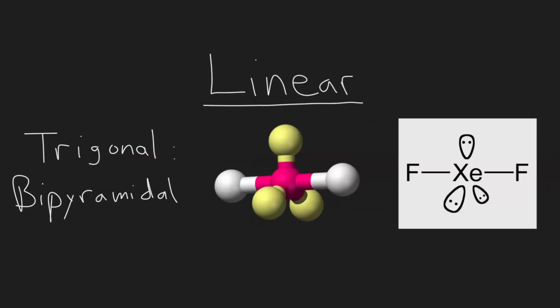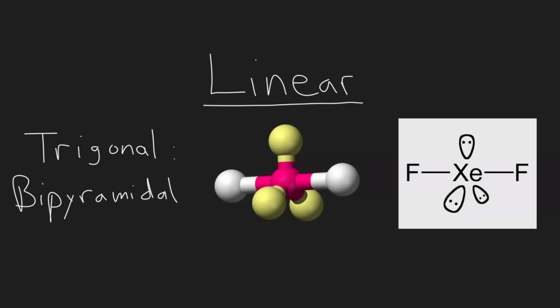And last but not least, we come right back to linear, but instead of having a linear molecule like carbon dioxide, where carbon had no lone pairs and we had two double bonds, we have a situation with xenon again. And instead of having an octahedral electron geometry, it has a trigonal bipyramidal electron geometry, which means that xenon can have either 5 electron regions or 6 electron regions, depending on the molecule that it forms.